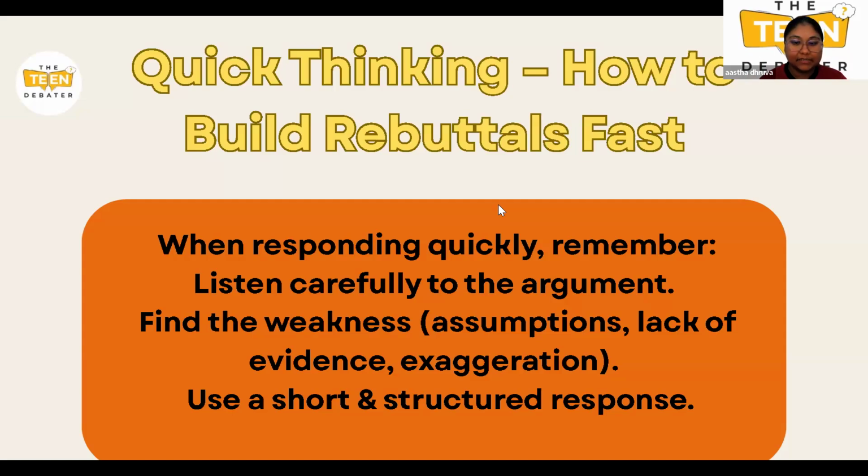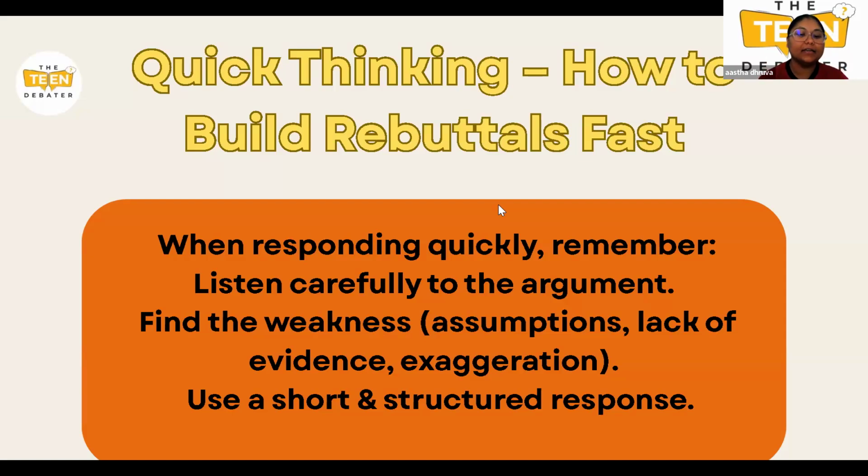Then find the weakness: any assumptions they have made, lack of evidence, exaggerations, or any of the weak arguments that I mentioned before. If they have made any of those, notice that and find it first.